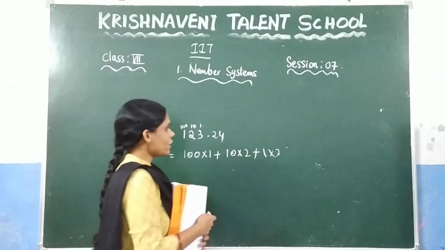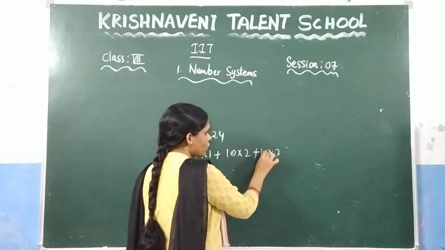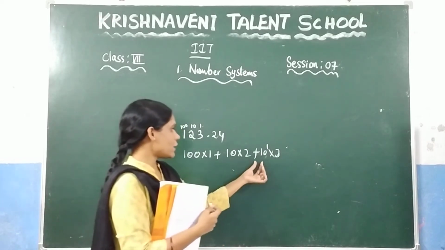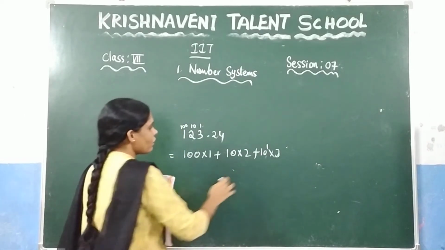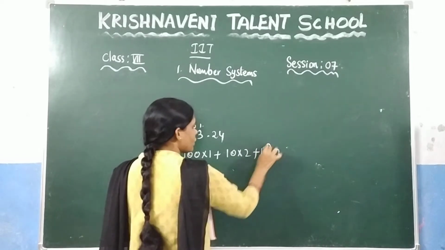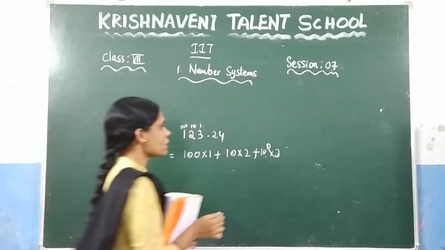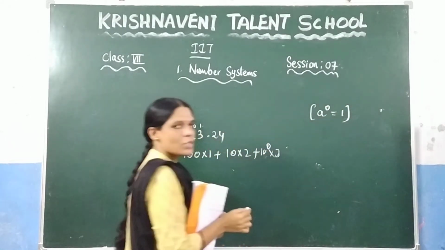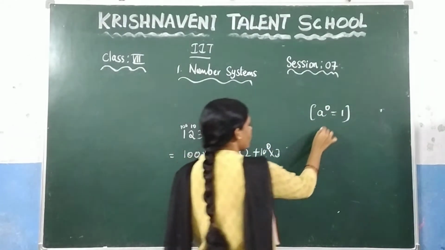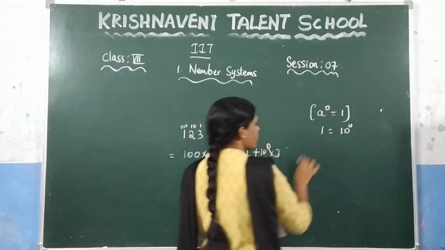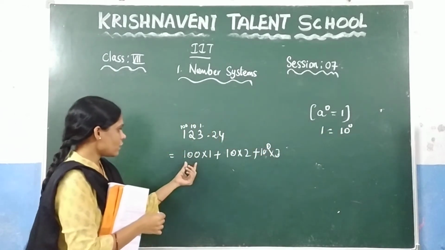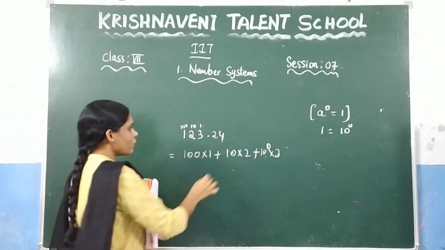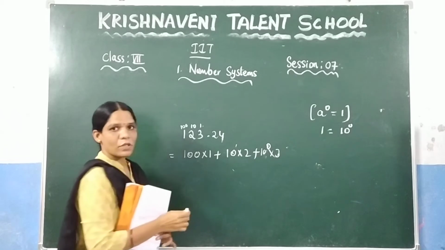You know that 10 power 0 is nothing but 1, because anything to the power of 0 is always equal to 1. So in place of 1 we have written 10 power 0. Since here we took the base as 10, this is 10 power 0, this is 10 power 1, and this is 10 power 2.